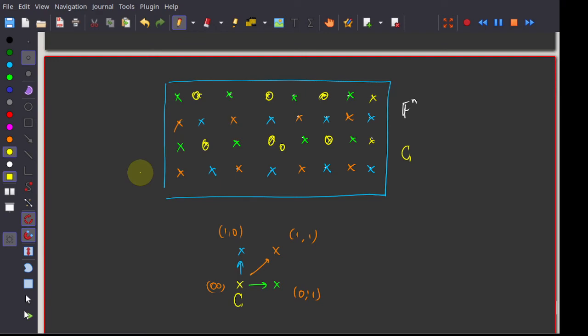Since it's a linear code, it forms a group, and since it is a group, the code words are kind of regular. If I sit at this particular location and I look around at all the possible code words, I get one particular view. But if I sit over here and look at all the code words, I get the same view, because if I take C and add any other code word, I get back C, the same set.